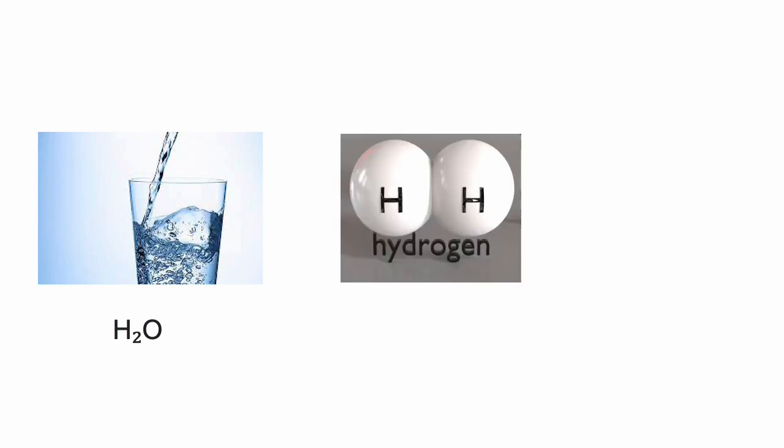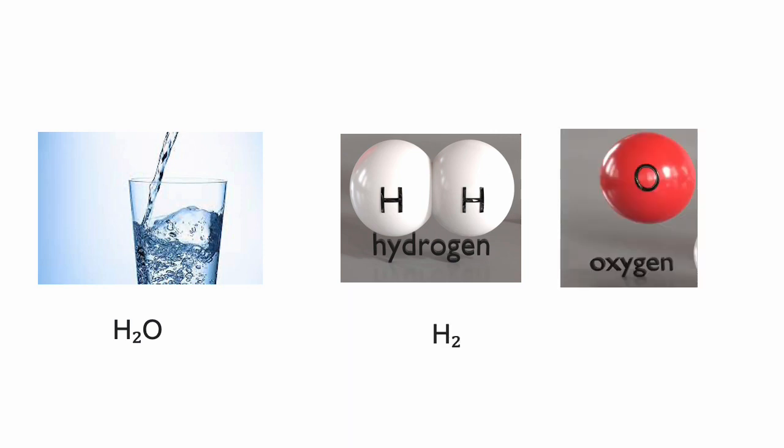Have you heard of water? Water is a clear liquid that we use every day for lots of things, such as drinking, cleaning. But did you know that water is actually made up of two elements? They are hydrogen and oxygen. Now, if we wanted to separate the hydrogen and oxygen from water, we use a process called electrolysis.